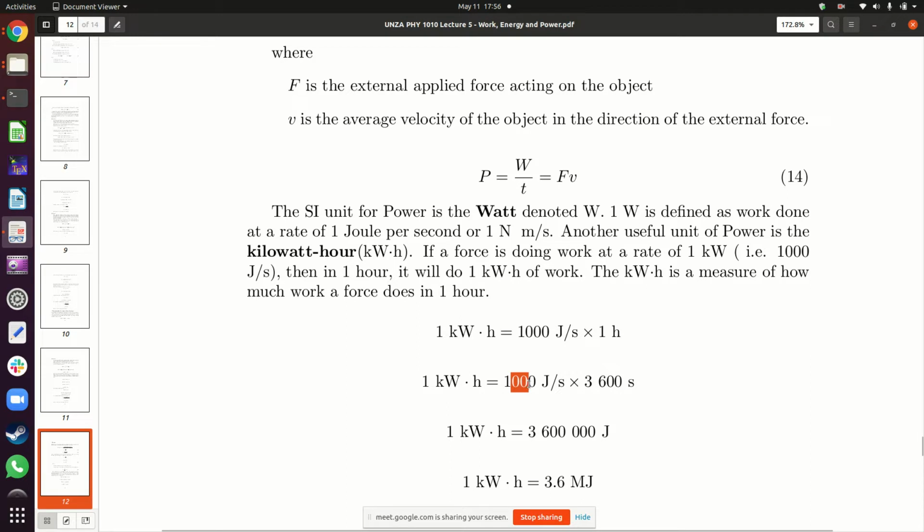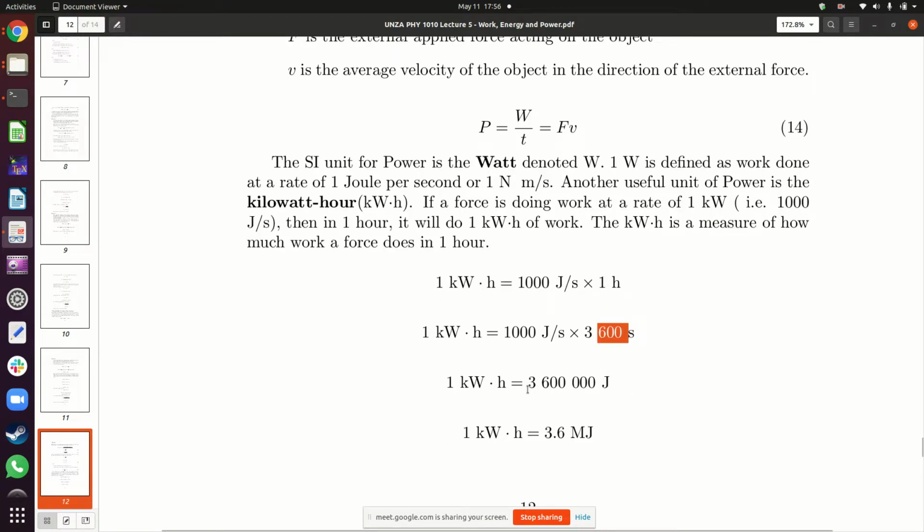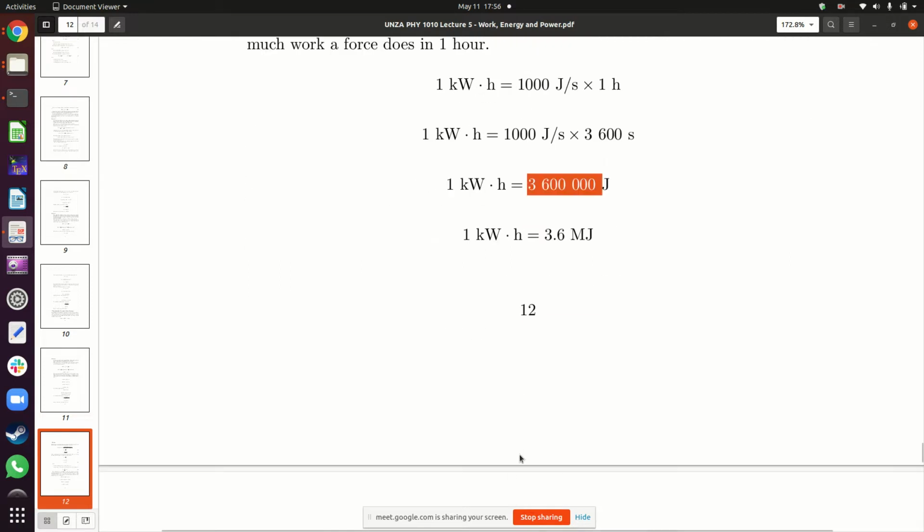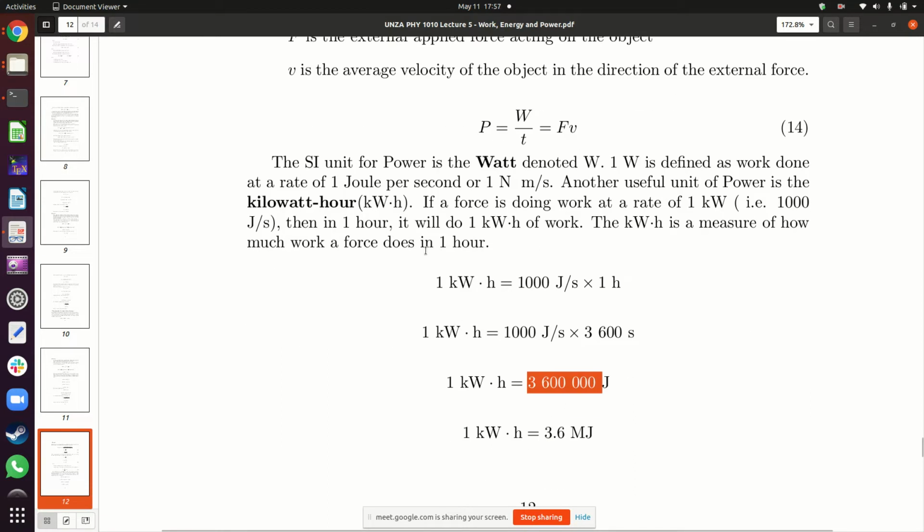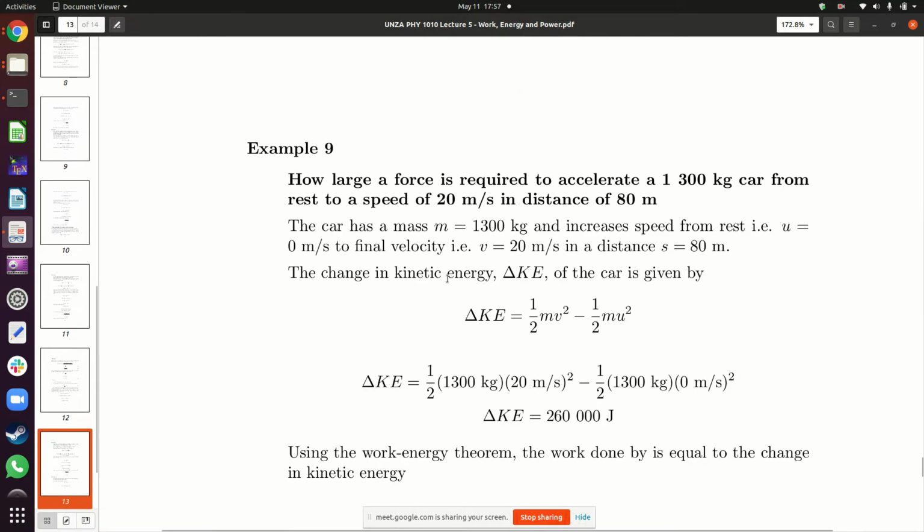So you have 1000 joules per second multiplied by 3600 seconds, and when you multiply that, you end up having 3,600,000 joules. So this is how much work is going to be done. When you buy your units in kilowatt hours, basically that's how much you have there. So that's a very useful unit of power, the kilowatt hour.